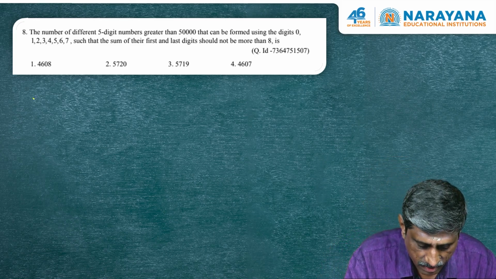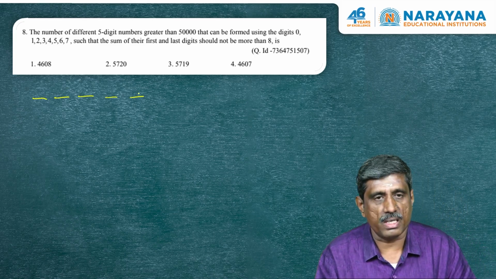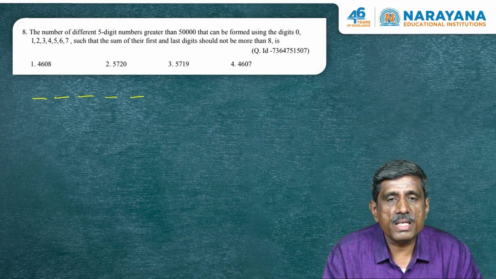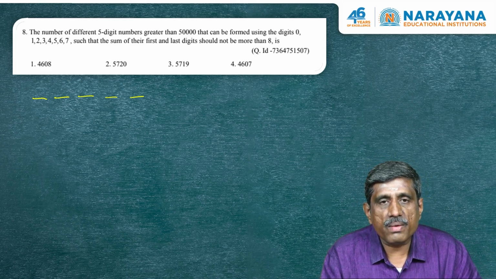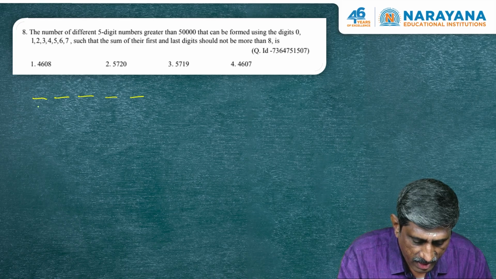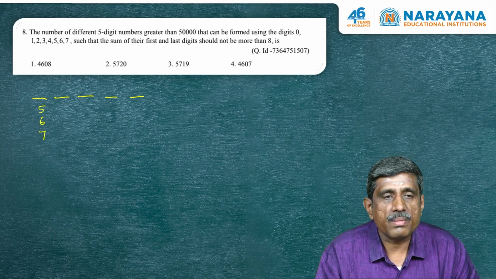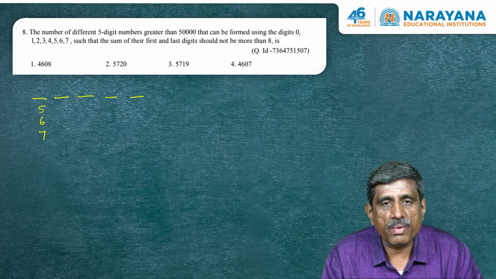So, let us say 1, 2, 3, 4, 5. It is a 5-digit number. I want the 5-digit number greater than 50,000. So, the first digit can be either 5 or 6 or 7. These are the possibilities because we want the number to be greater than 50,000.